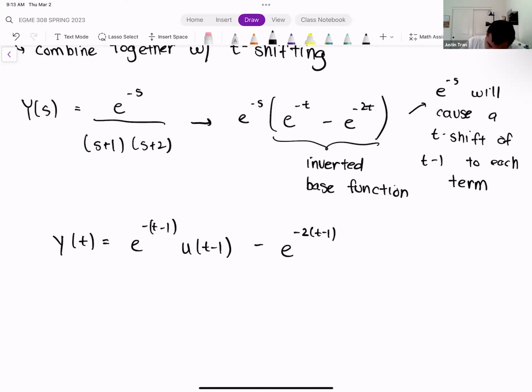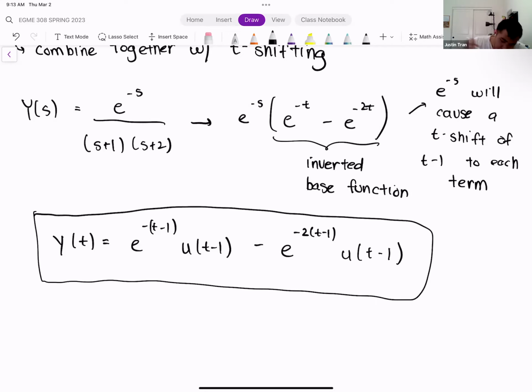And then we're going to multiply it by the step function, u of t minus 1. Remember, the reason we multiply by the step function here is the fact that this impulse doesn't occur until t is equal to 1, right?